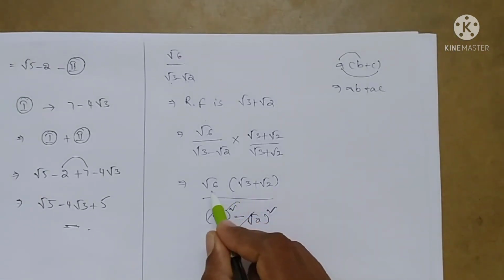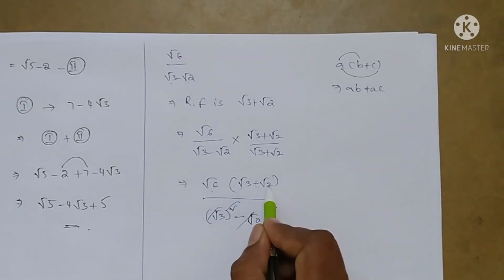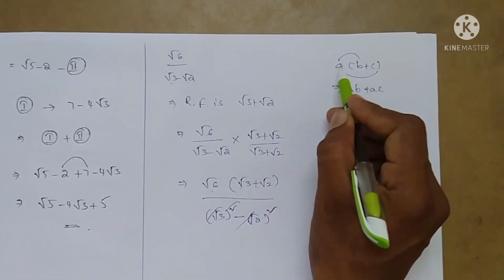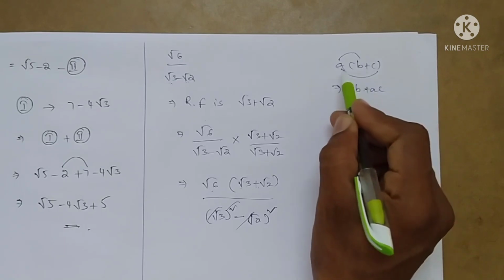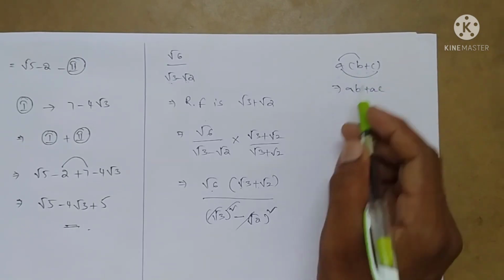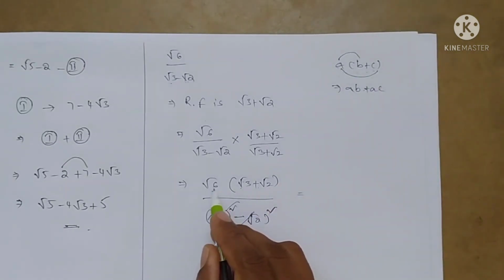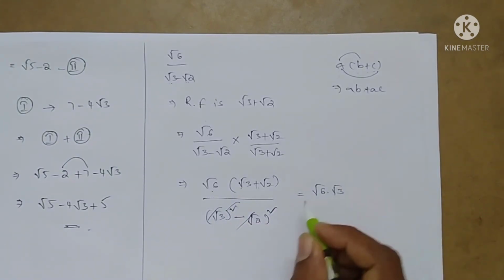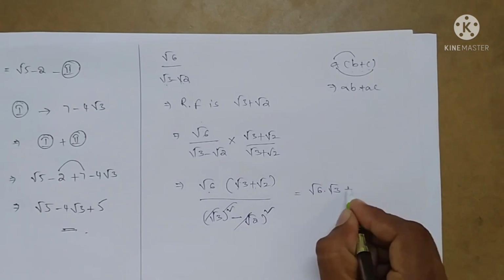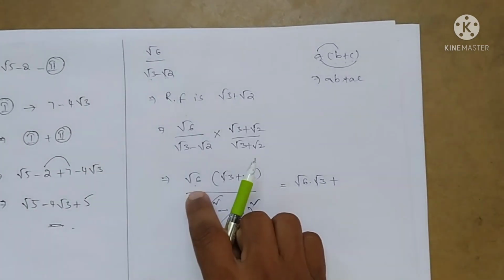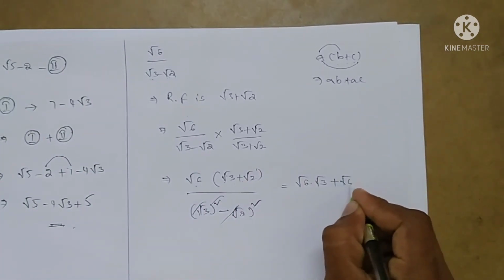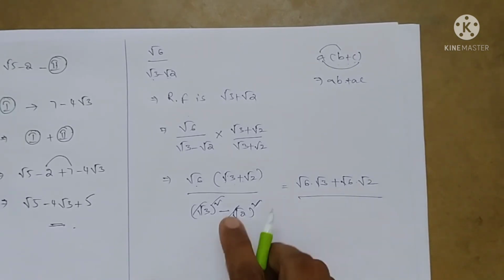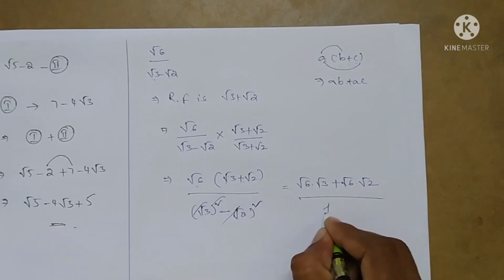So here, root 6 into root 3 plus root 2 is of the form a into b plus c, meaning a into b plus a into c. So that is equal to root 6 into root 3 plus root 6 into root 2 by, here 3 minus 2 is equal to 1.